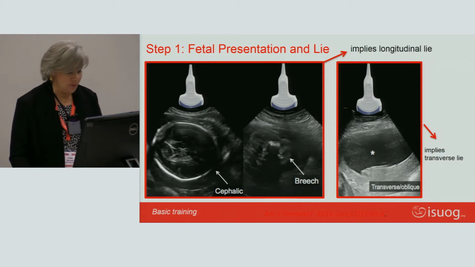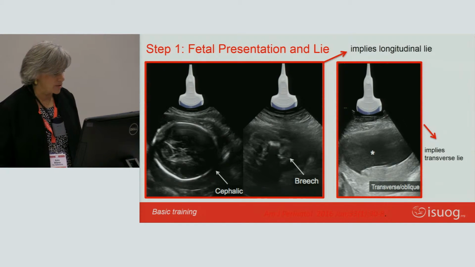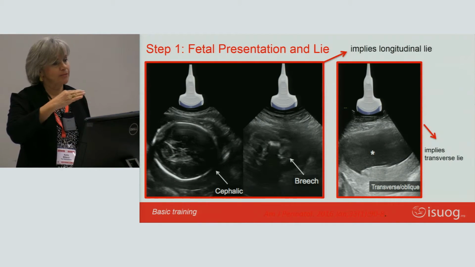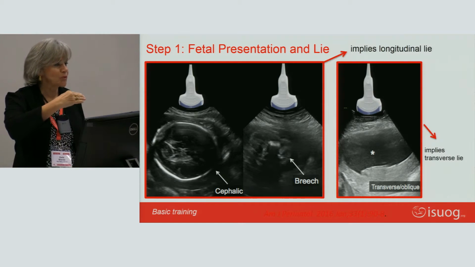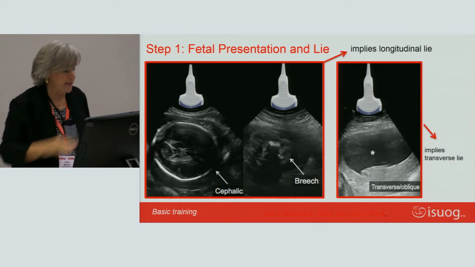So one scenario is that the structure that you see is the head. You can see it here. And then by making this tilting movement, you will navigate through the head.